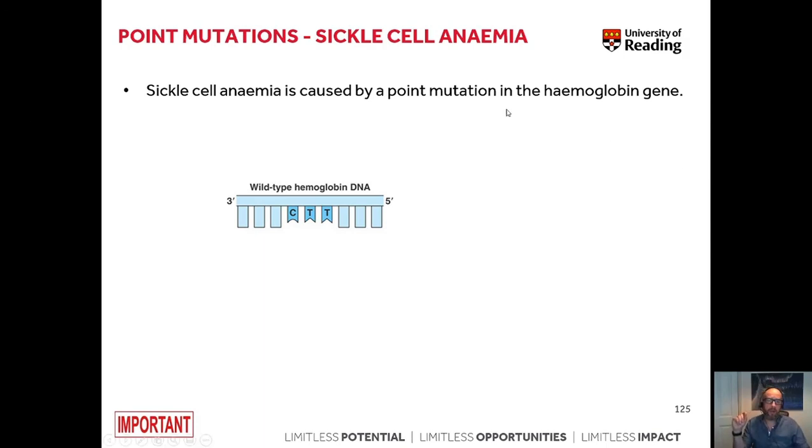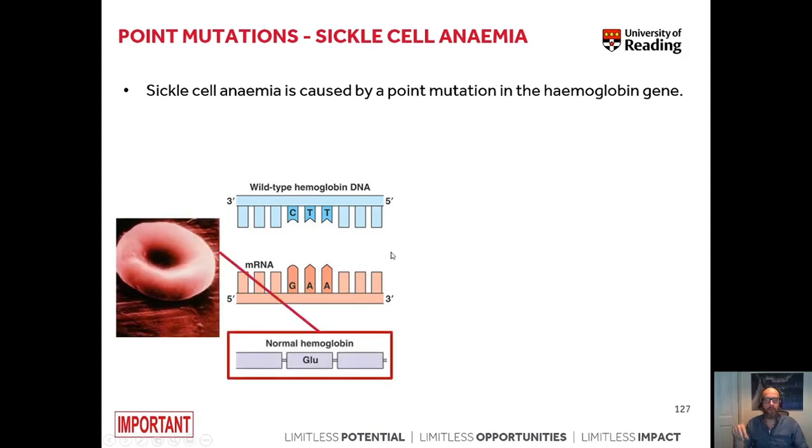In the wild-type hemoglobin DNA, one codon is CTT. This results in production of an mRNA with the following sequence, GAA. This then produces glutamine in the normal hemoglobin protein, and this is an extremely important protein in oxygen transport in the blood.